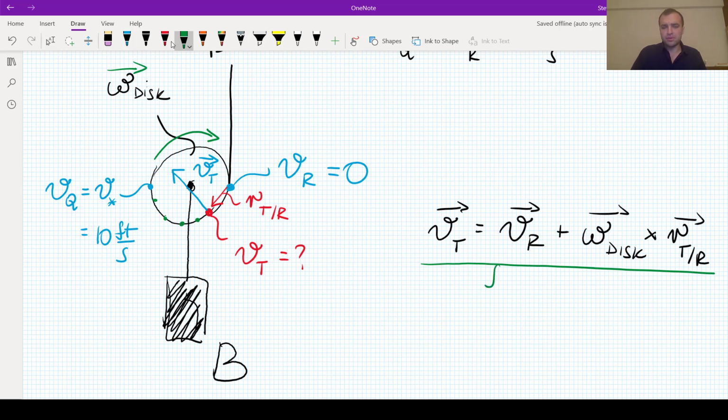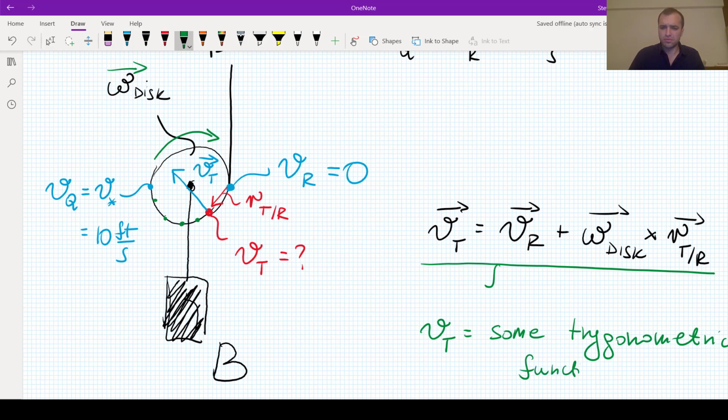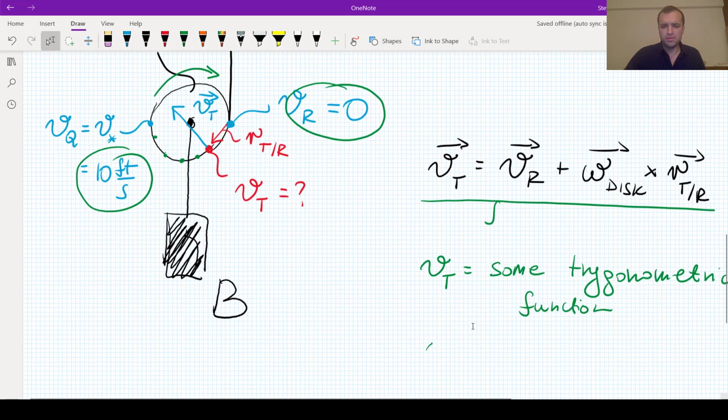This will be some trigonometric function, so speed of T will be just some trigonometric function that starts at 0 and ends at 10. So Vt belongs to 0 to 10 feet per second.